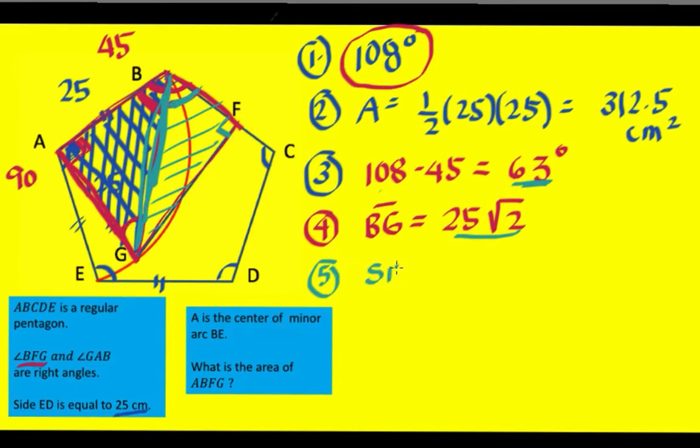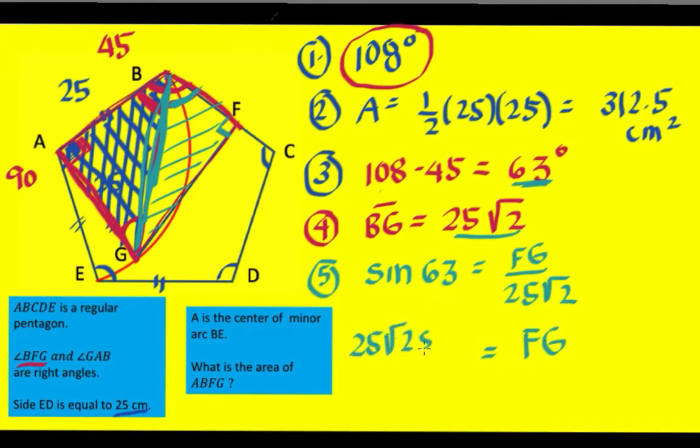So sine of the angle 63 degrees is equal to the opposite side FG divided by the measure of the hypotenuse BG, which is 25 square root of 2. This gives us a value for FG equal to 25 square root of 2 times sine 63 degrees. Now sine of 63 is a constant times another constant. We know that this value is an exact number.